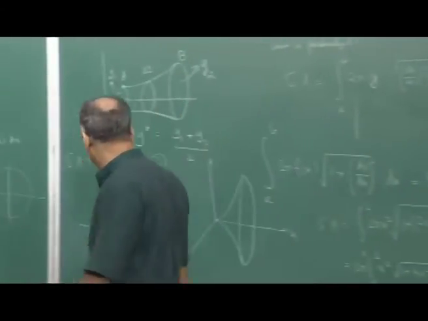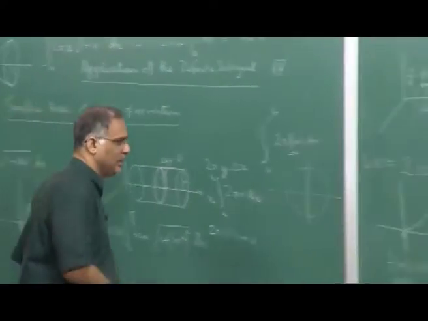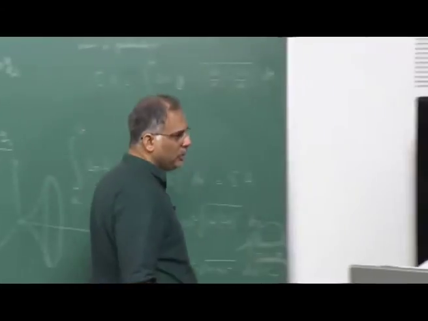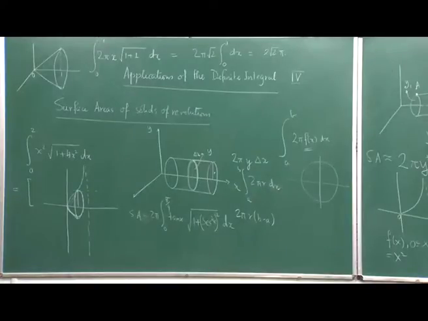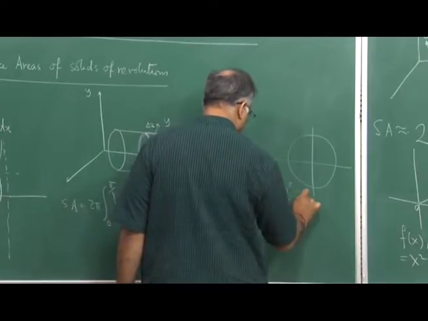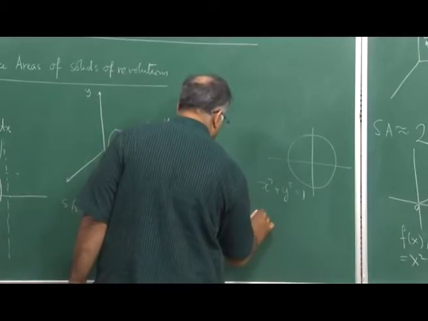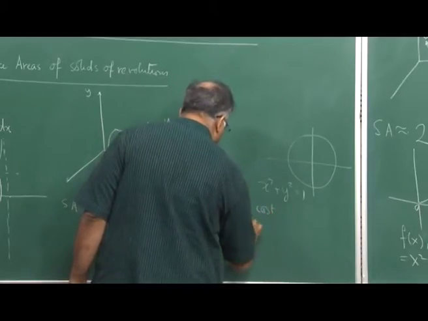Now, here we will use the parametric form again. We will use the simple situation where x square plus y square equal to 1, because I do not want to get into this R business, this is just an additional thing. So, x square plus y square equal to 1, let me write x equal to cos t, y equal to sin t.